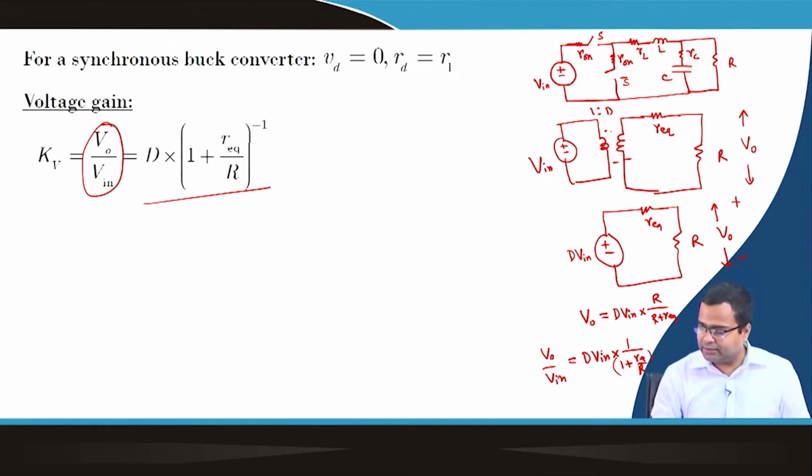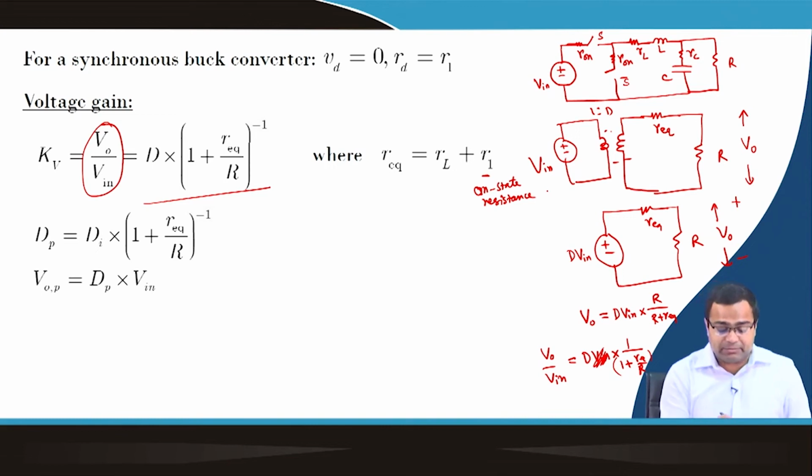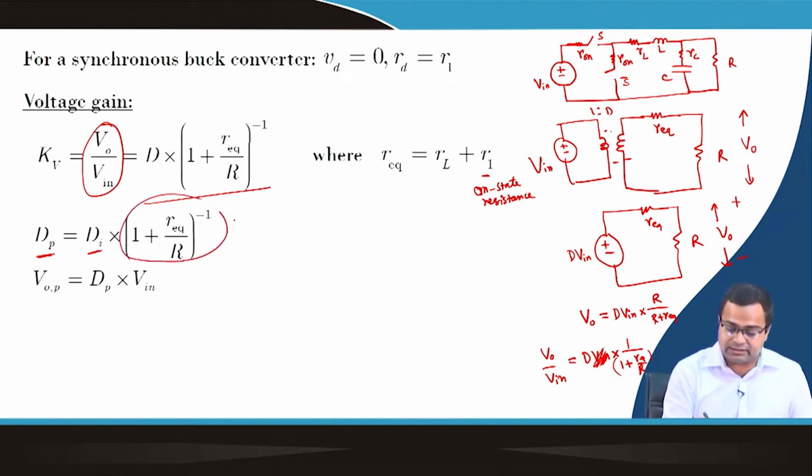And this is exactly what we are showing, because we are taking V0 by Vin. If you take this term, it will get cancelled, so we are taking the left side. So, D times this, where R equivalent is the on state resistance. That means my practical duty ratio is D, the ideal duty ratio, multiplied by this correction factor.